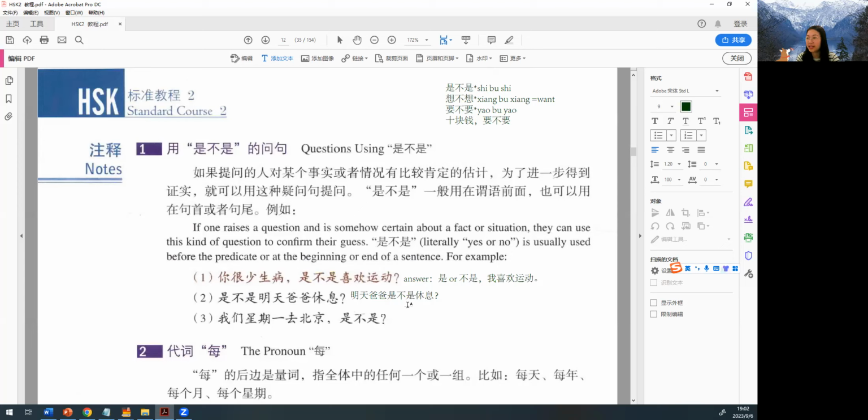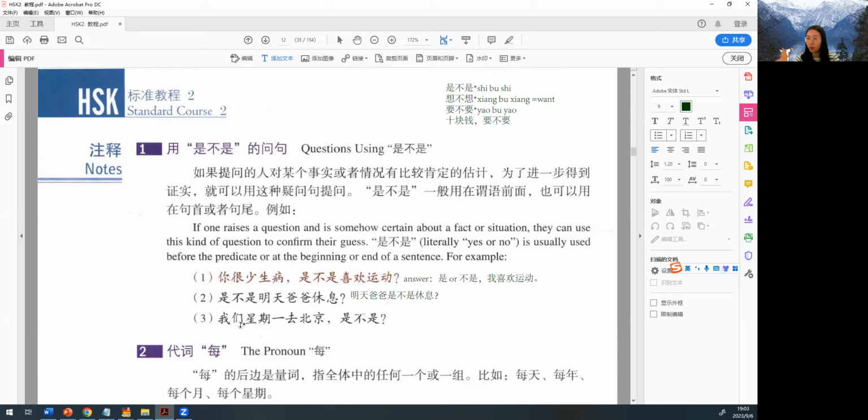So here this question is: is our father probably taking a day off tomorrow? So it will be this meaning, and the answer is either 是 or 不是.